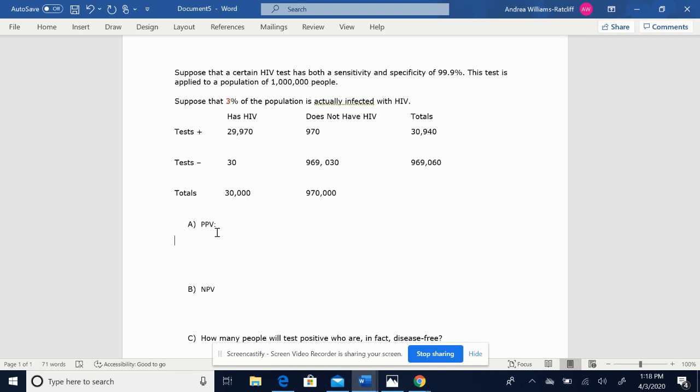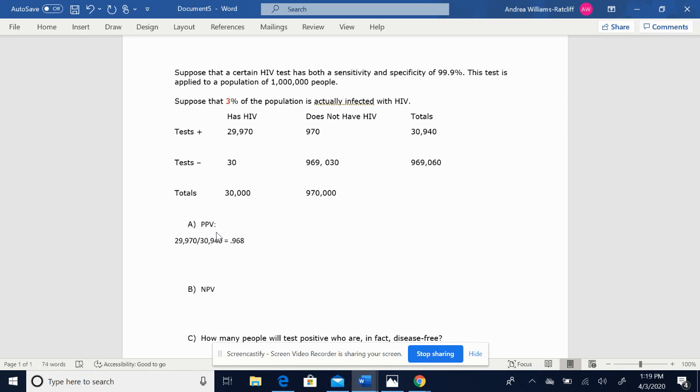So if we're thinking about percent as we always do, as part out of a whole, that's my correct positives over my total positives. And then I can crunch that number on my calculator. So I've got 29,970 divided by 30,940, and that equals 0.968.